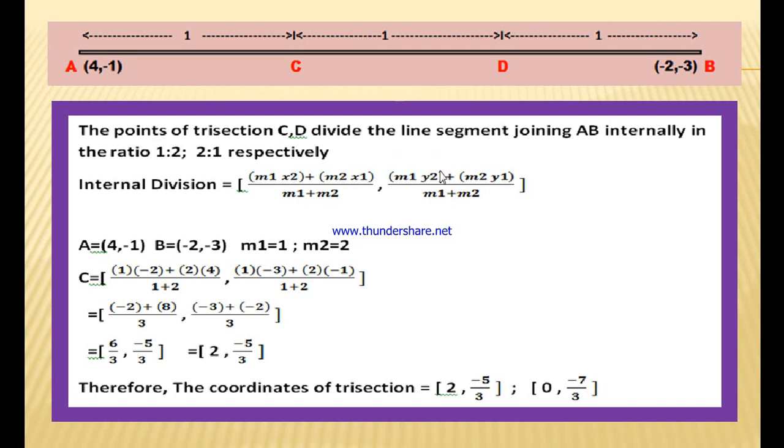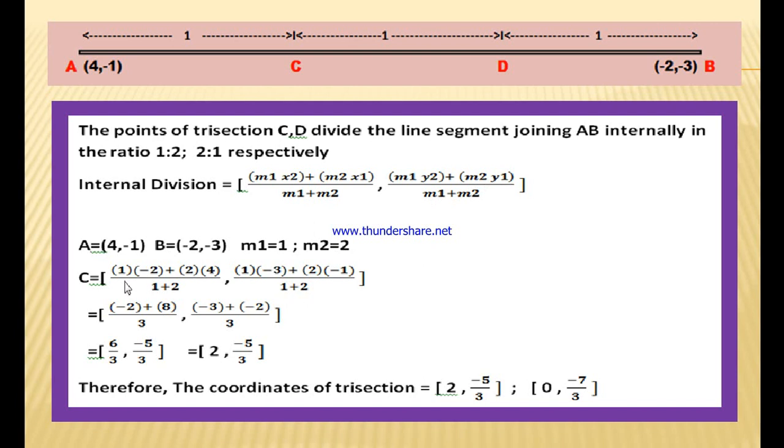Similarly, m1 y2 plus m2 y1: m1 means 1, 1 into y2 means -3, 1 into -3, plus m2 y1, m2 is 2 into y1 is -1, by m1 plus m2, 1 plus 2.